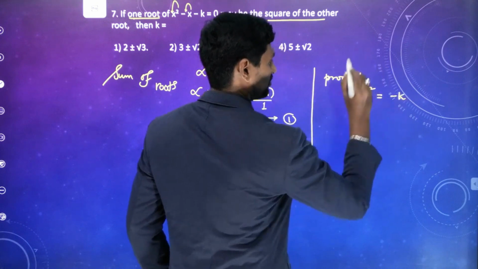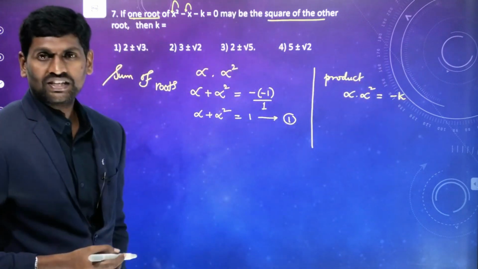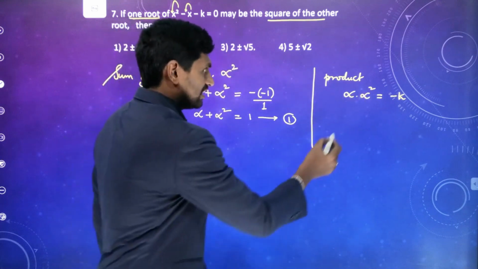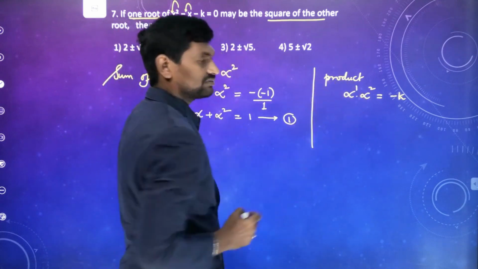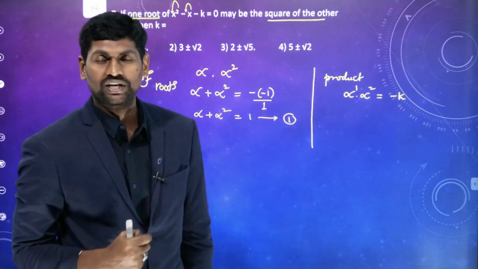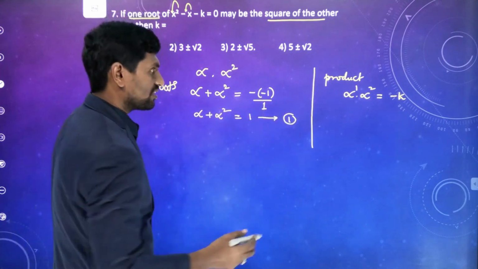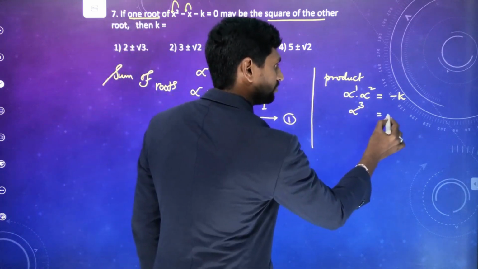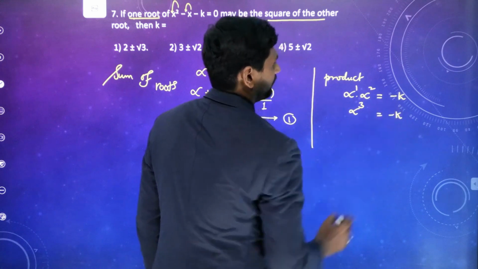A value 1, so we can leave minus k like that. Now alpha into alpha square, they are nothing but power 1. If the bases are same, we can add the exponents, right? In the same process here also, alpha into alpha square is nothing but alpha cube is equal to minus k.